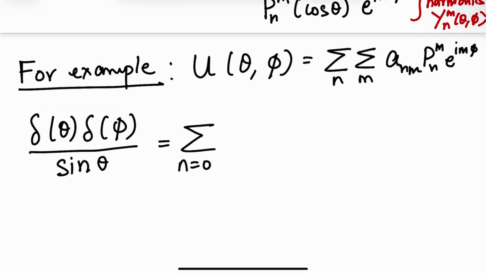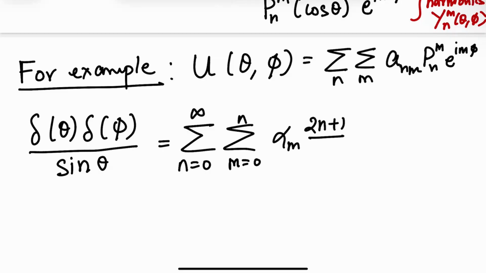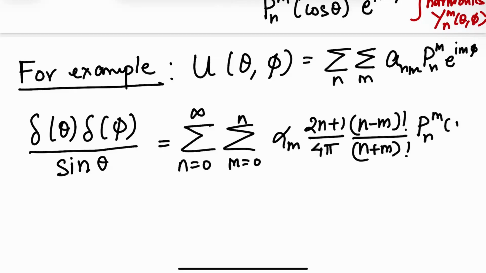So n equal to 0 to infinity, m equal to 0 to n. We only need to consider up to n because all the other values of m are 0. So you can show actually that this mathematical identity is true, with a coefficient of alpha_m over 4 pi times (n minus m) factorial over (n plus m) factorial times P_n^m of 1, where alpha_m is equal to 1 when m equals 0, and equal to 2 when m is greater than 0.